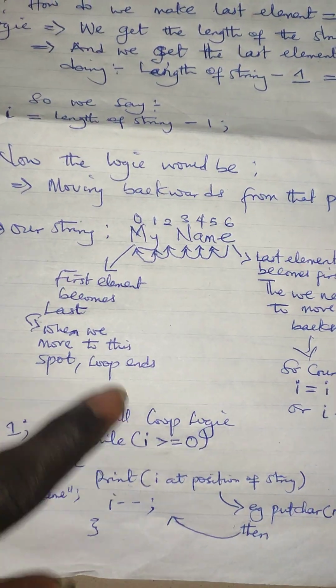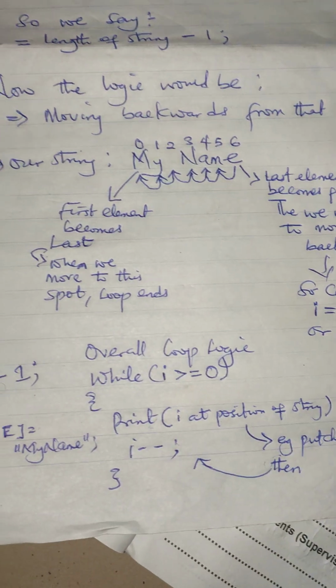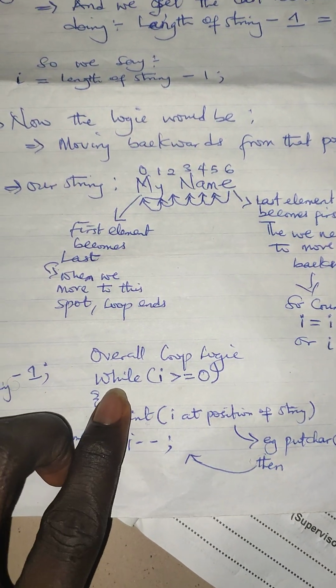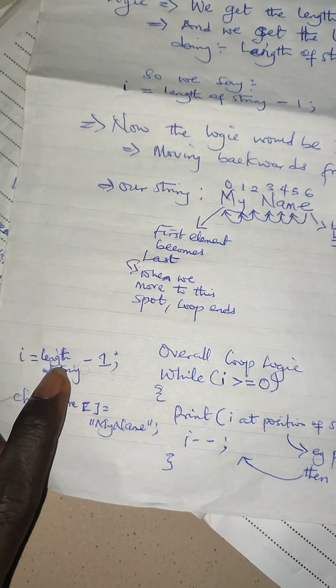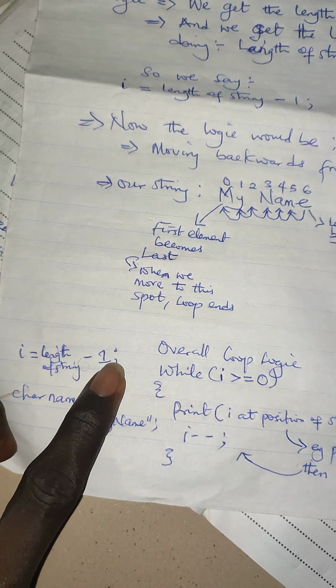So the overall logic for the loop is what? The first thing we have to do is set I to become length of string minus 1.